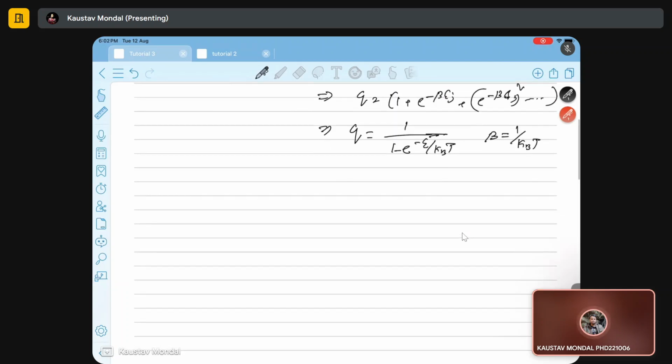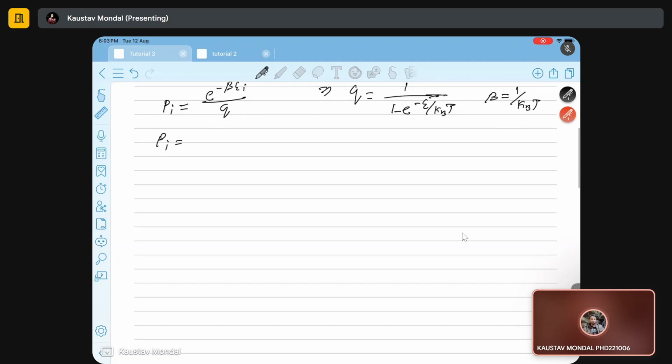So now from here you calculate the probability, the population fraction basically in the ith state, that is p_i equal to e to the power minus beta epsilon_i by q. Or in a more elaborated way, you can write it like this: 1 minus e to the power minus beta epsilon, times e to the power minus beta epsilon_i.